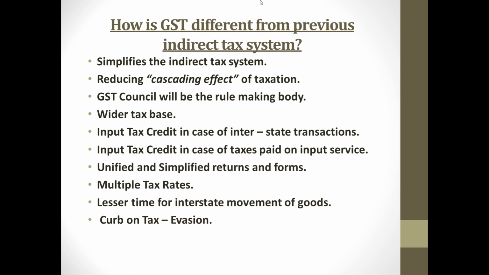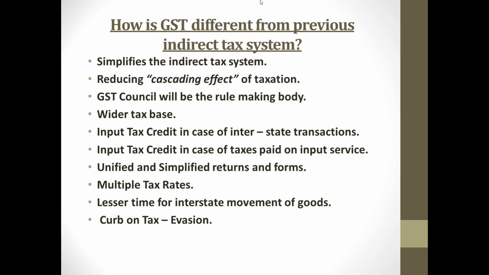Now, under this GST system, you can avail input tax credit even if the goods are purchased from another state or from another union territory, or even in case of service also.